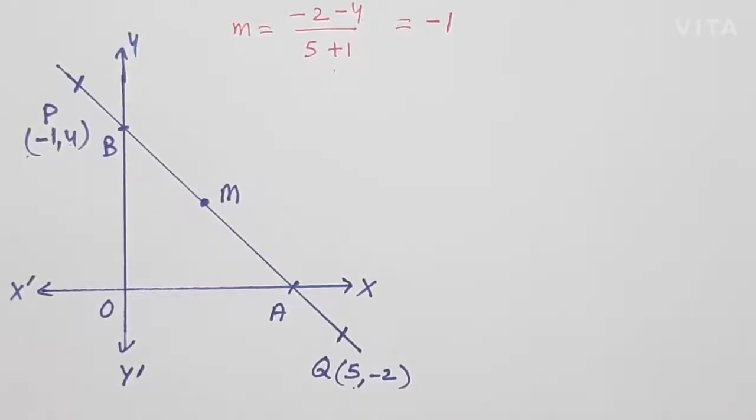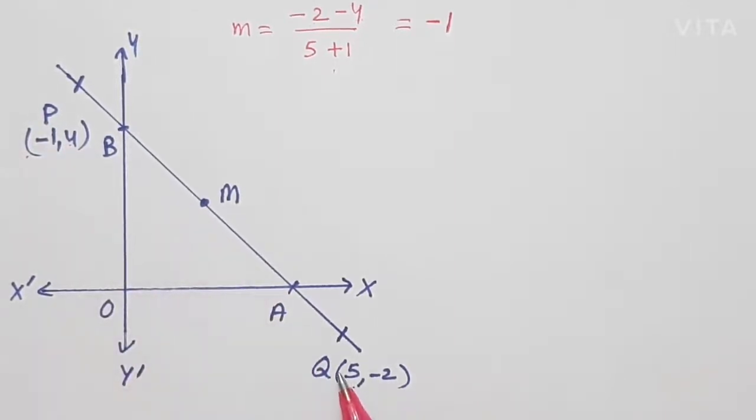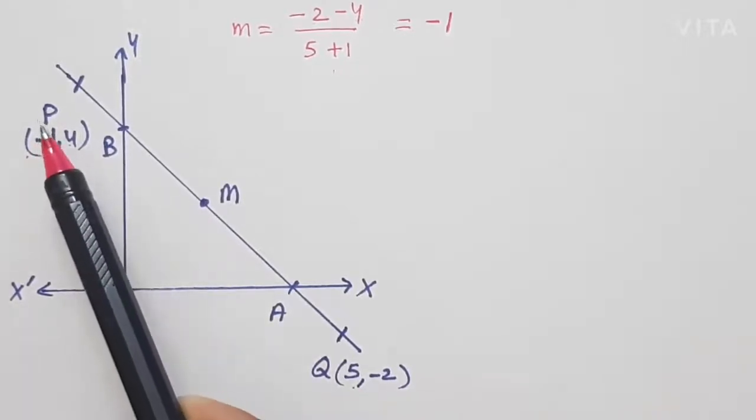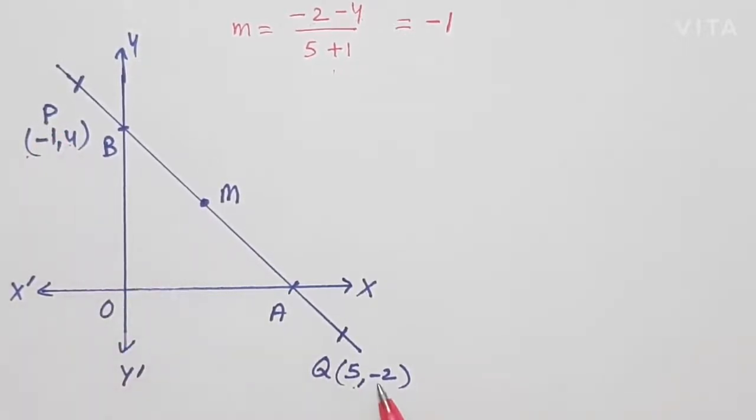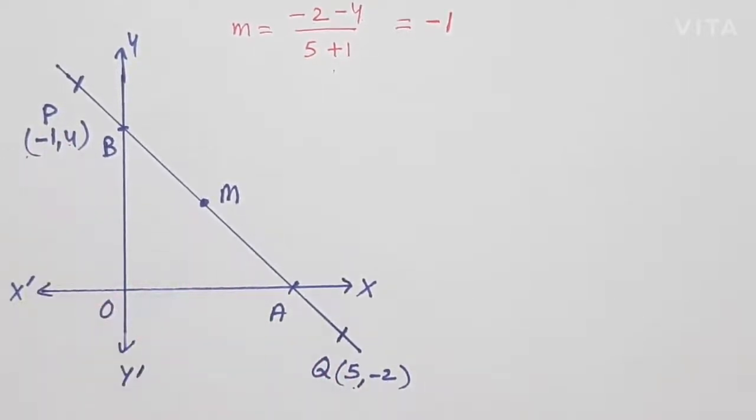Now let us find the equation of this line. Now you can see on this line there are 5 points: P, B, M, A, Q. Out of these 5 points, only the coordinates of P and Q are known to us. So let us take any one coordinate and find the equation of PQ.